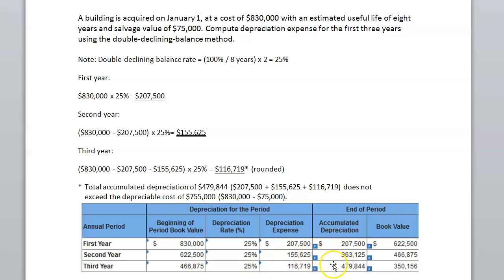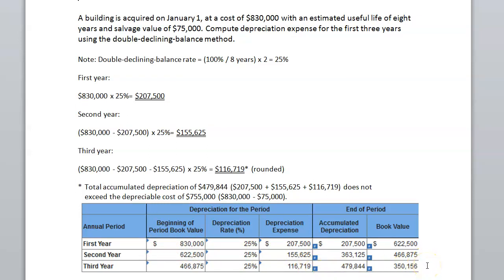Our accumulated depreciation is $479,844. We're going to get that by the previous year plus this year's depreciation expense. And the book value at the end of the third year is $350,156. We can calculate that from the beginning, which would be the cost of the asset, minus accumulated depreciation, gives us book value.